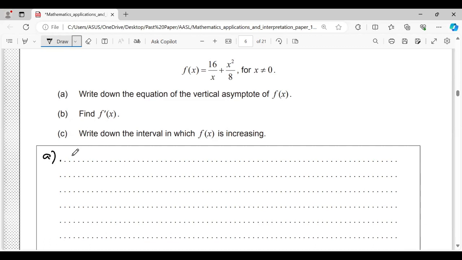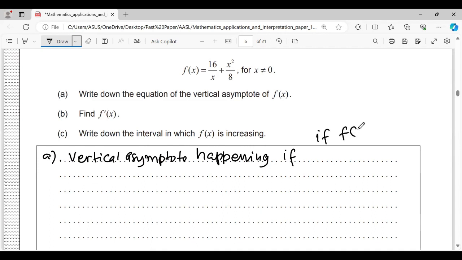So the vertical asymptote happens if f(x) equals u(x) over v(x).